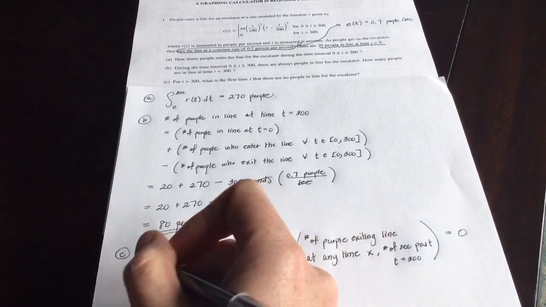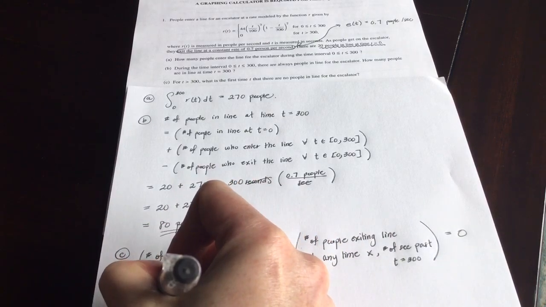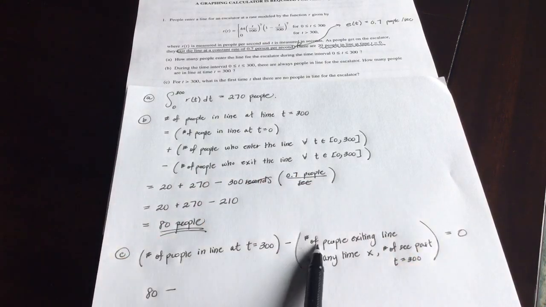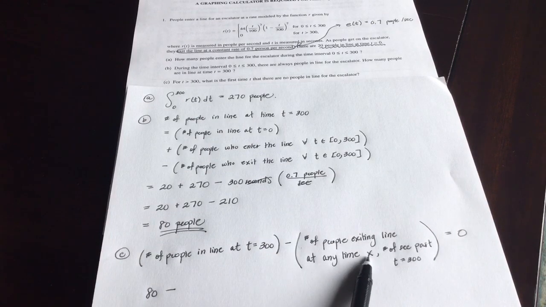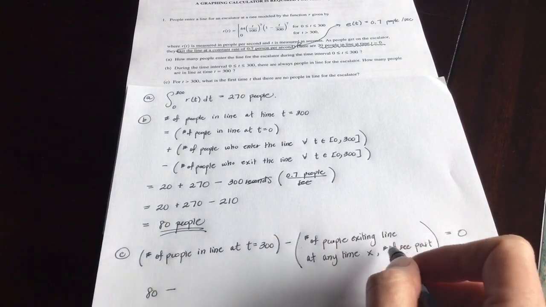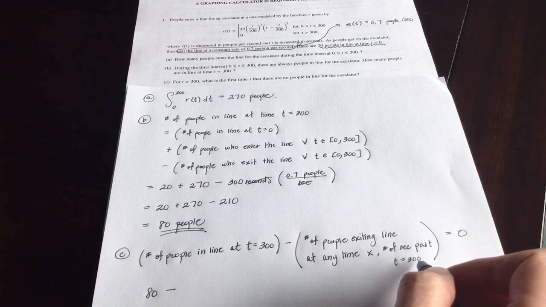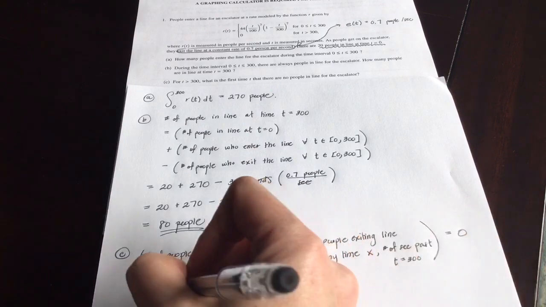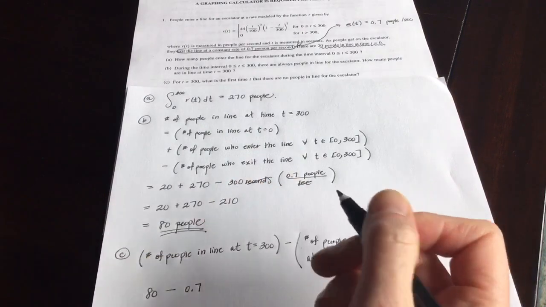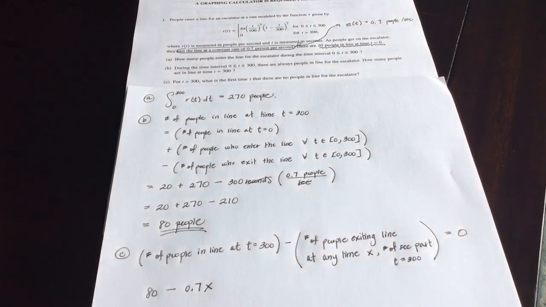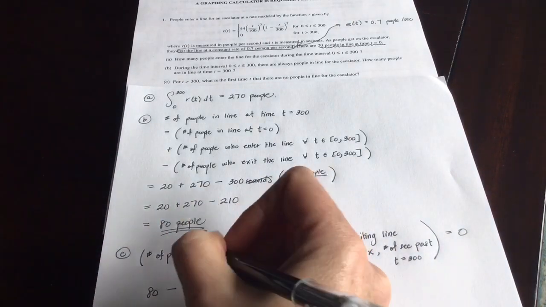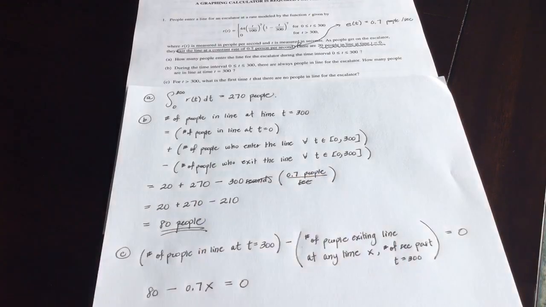Okay, so how many people are in line at t equals 300? That's 80. So we found that in part B. And then the number of people exiting the line at any time x, where x is the number of seconds past t equals 300, that would be 0.7 times the amount of time that's passed there. And then we're looking for that to be 0.